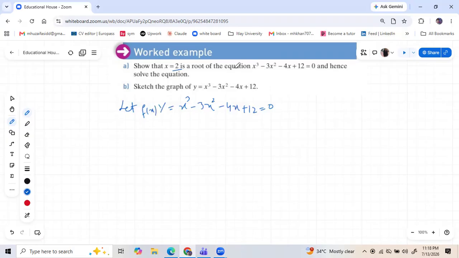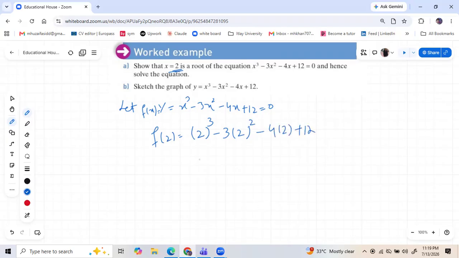So here x is equal to 2. So I'm replacing, f of 2 is equal to 2 power 3 minus 3 into 2 power 2, minus 4 into 2 plus 12.